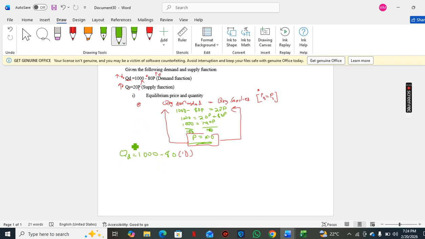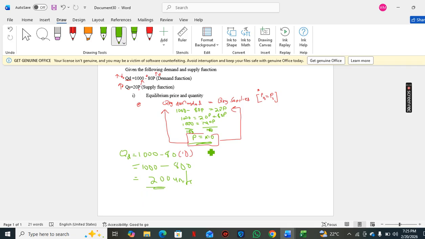So you have 1000 minus 800, you get 200. That's the equilibrium quantity, 200 units. So we've got the equilibrium price and the equilibrium quantity.